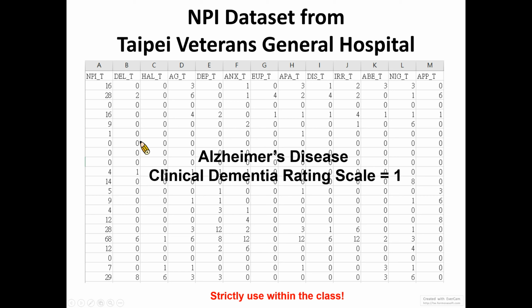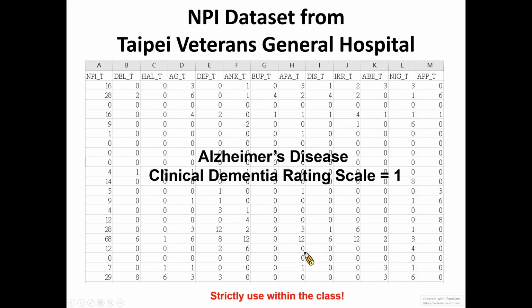So it doesn't mean that this data is fake data. It's still the real data, but I just try to do some modifications so you are not able to link this data to the real patients. So even this data is still not released to the public, only within the class, okay?